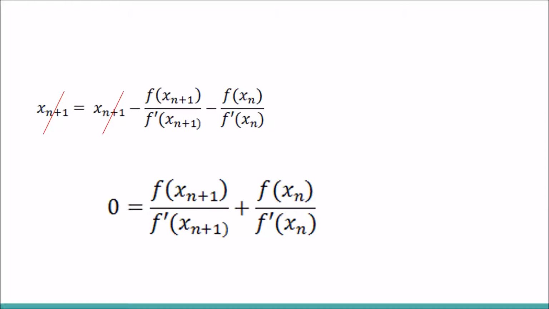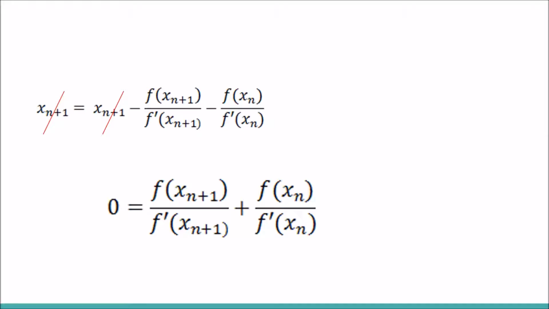If we plug xn plus 2 back into xn in the previous equation, because they're both equal, then xn plus 1 would cancel out. That leaves f of xn plus 1 divided by f prime of xn plus 1 plus f of xn divided by f prime of xn equaling 0.